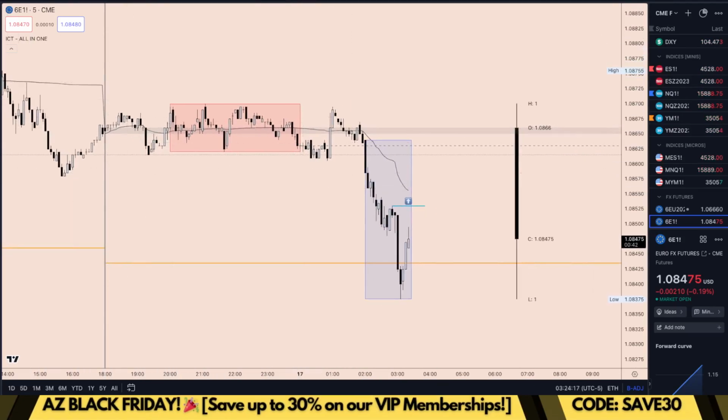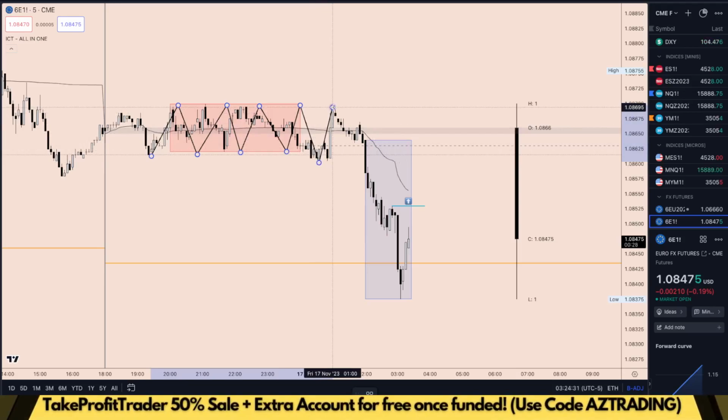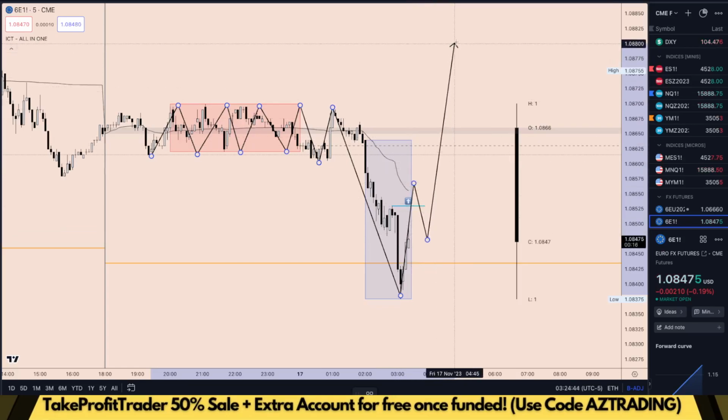So really here on EU, what we saw here is the power of three concept, accumulation. We have a nice Asia range. Trap longs one more time right here with that new hourly candle at 1 a.m. Manipulate, one-sided move into one direction, take out a higher time frame objective, shift structure, and expand to the upside.